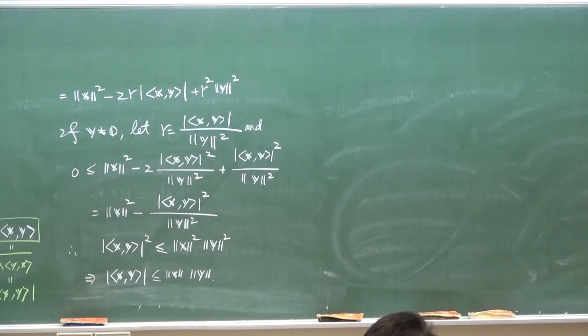Indeed, by taking some degree of freedom, for example, r can be any arbitrary real number, and putting some specifically selected constant alpha, you can manipulate such kind of inequality. This is a very basic thing, okay?